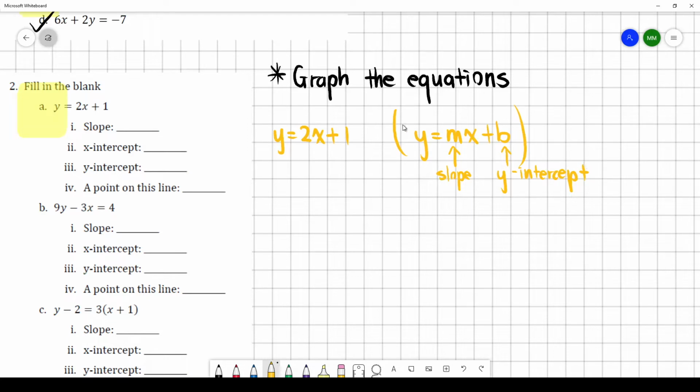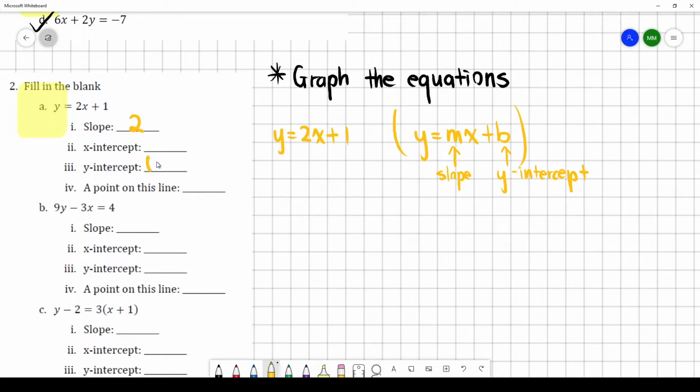So this means that you can actually just find the slope and the y-intercept pretty easily, just from this form. So the slope should be 2. In y-intercept form, m is the slope, and m is 2 right here. And b is the y-intercept. The y-intercept is a point, right?